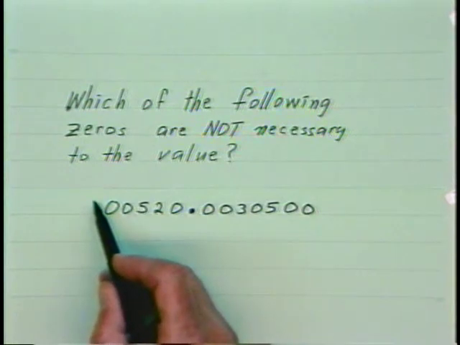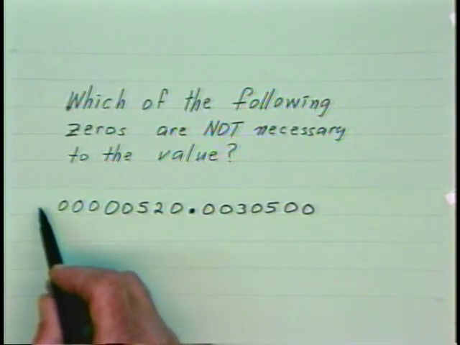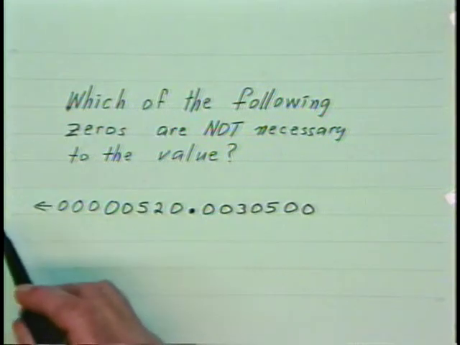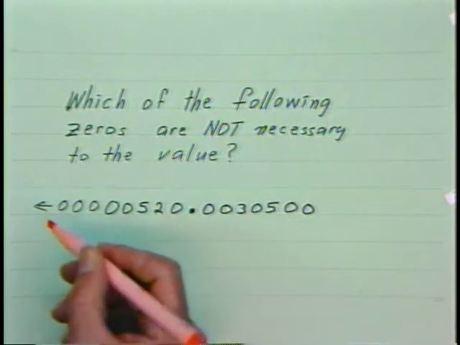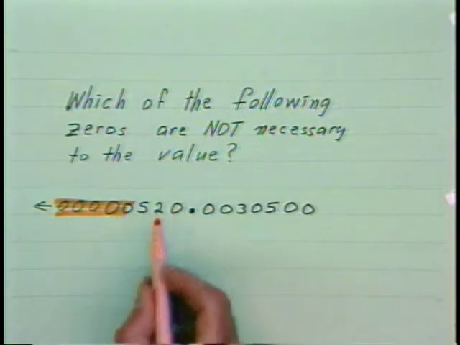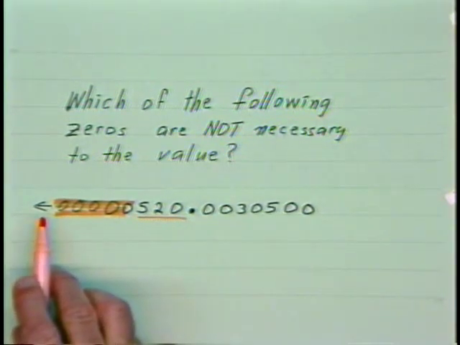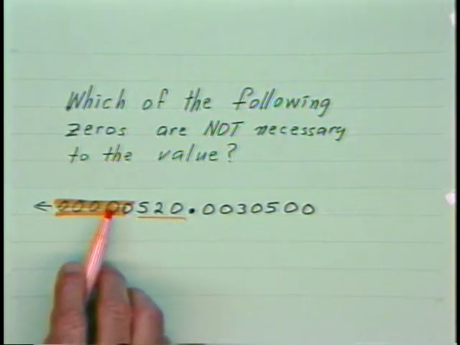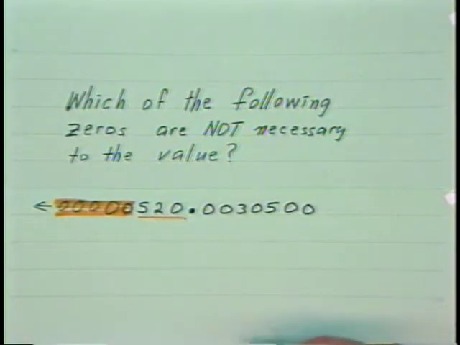But for that matter, I have no 100,000s, millions, 10 millions, and so on forever towards the front. So as it turns out, these zeros at the front end of whole numbers are not necessary. By the way, if we have them there, they're not wrong either. They're just not value-wise necessary.